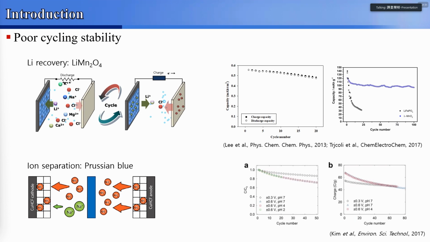The stability of lithium manganese oxide and Prussian blue electrodes shows below 80% after 20 cycles. So it is required to improve the stability for commercial usage.